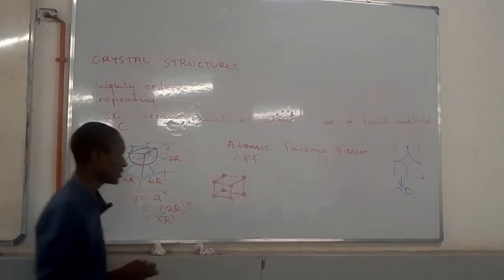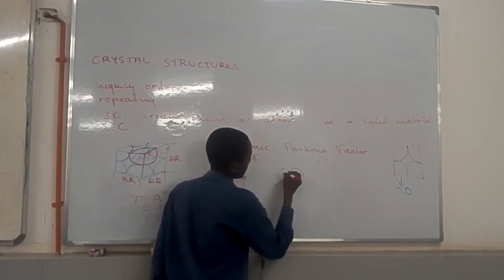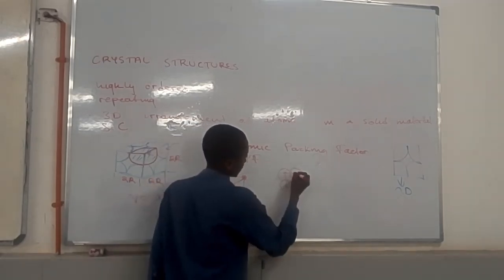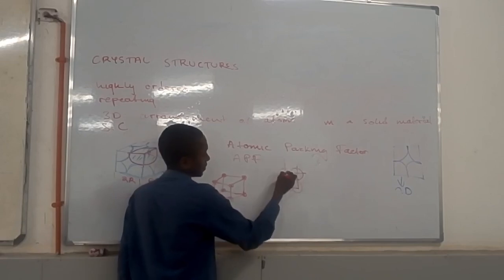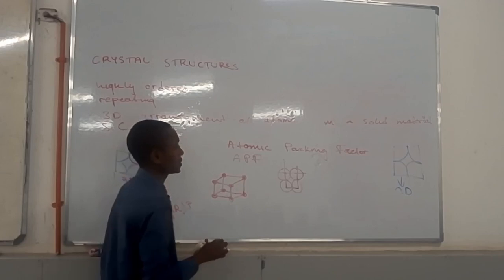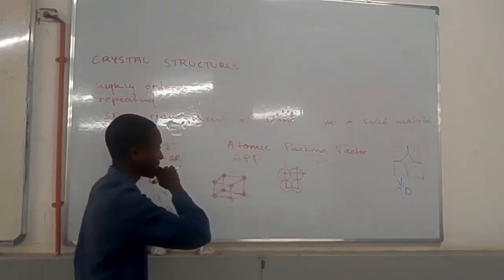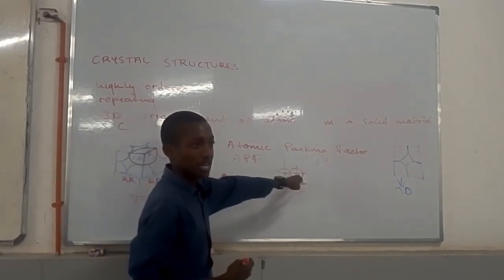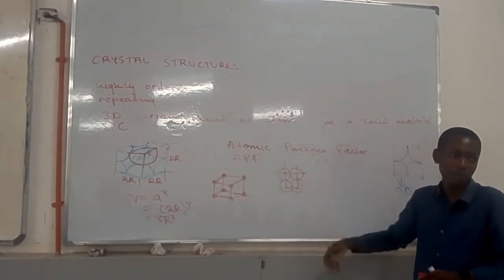Because if we say this is the unit cell, we see that we are cutting it how many times? 1, 2, 3, 4, right? We've cut 4 times. But again, this is in 2D. If we present it in 3D, we are cutting this again 4 times.